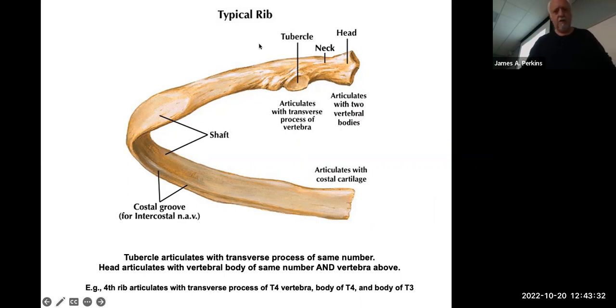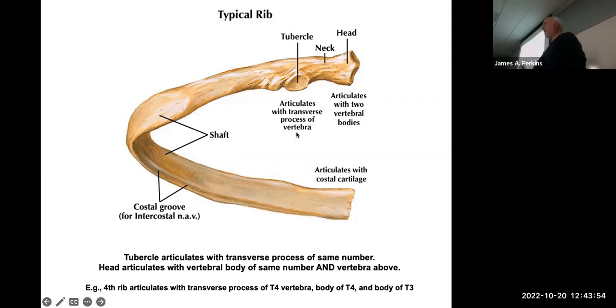There are several features of the rib at the most posterior part, near where it articulates with the vertebrae. There is a costal tubercle, which articulates with the transverse process of the vertebra that has the same number.